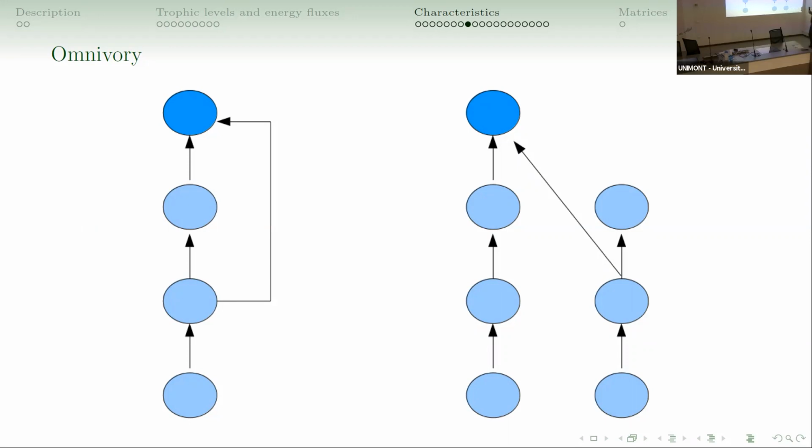Good answer. Okay, so it's more complex. Well, it can be more complex. Okay, so more omnivore links, more groups of three like this, are more stable, right? So you all agree?